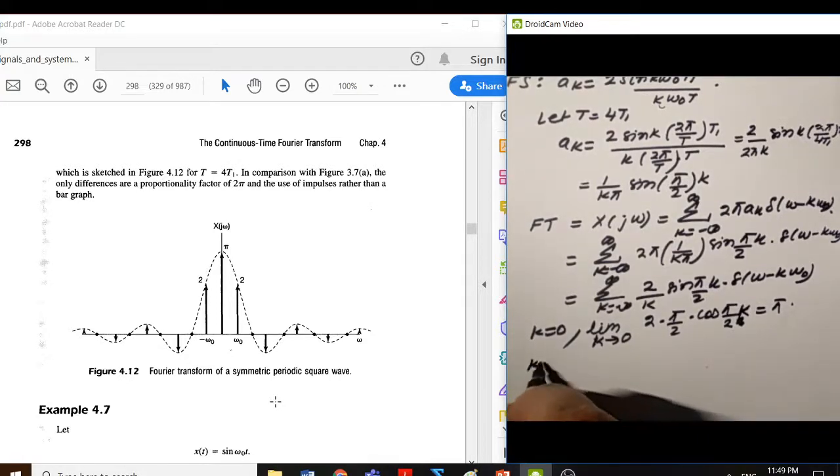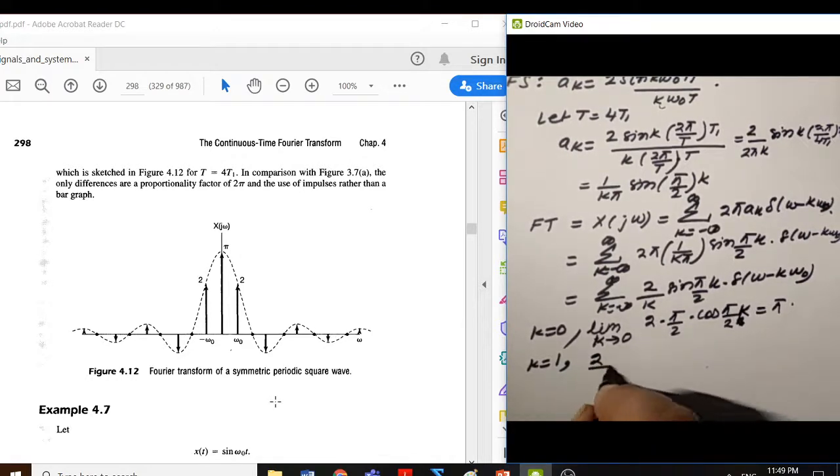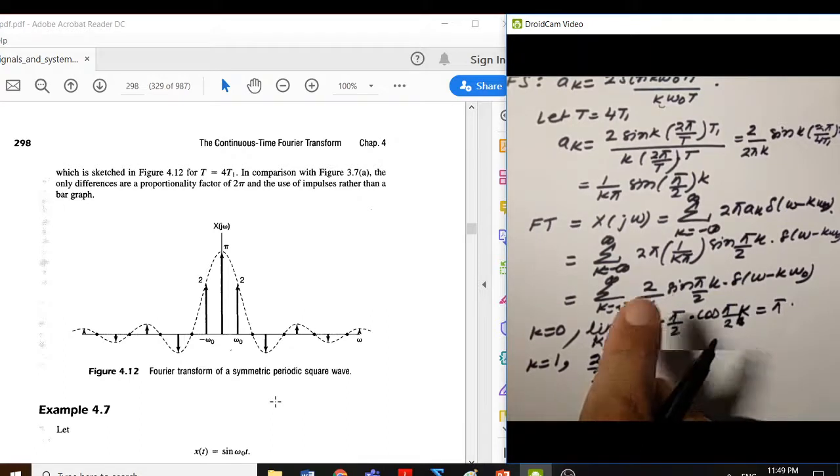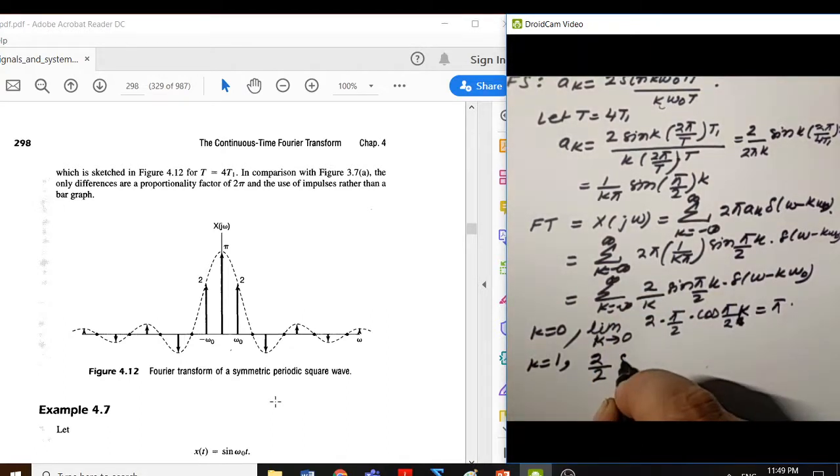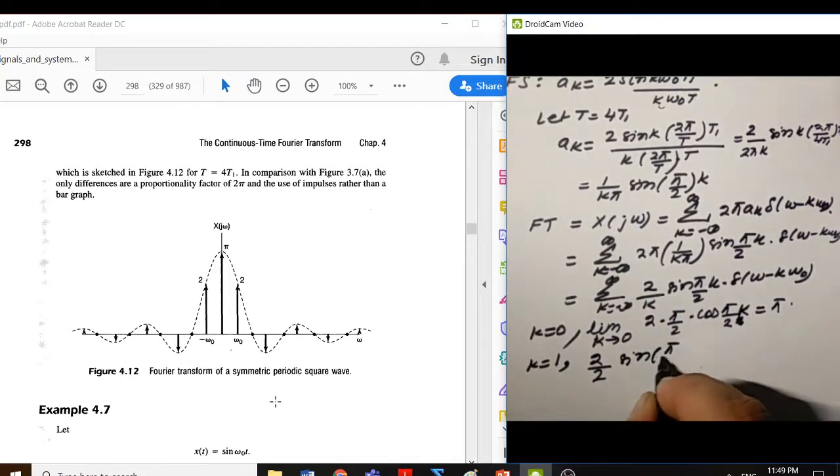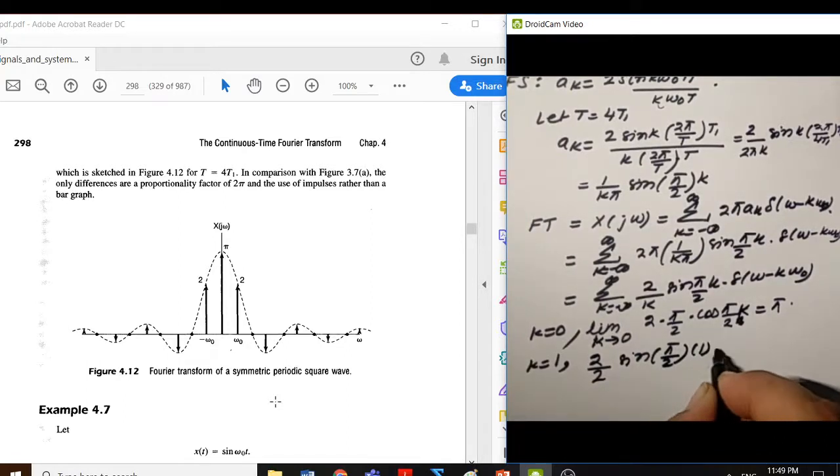For k is equal to 1, we get 2 by 1 because it is being divided by k. So it's 2 by 1 sine pi by 2 into 1, which is equal to 2, because sine of pi by 2 is positive 1.